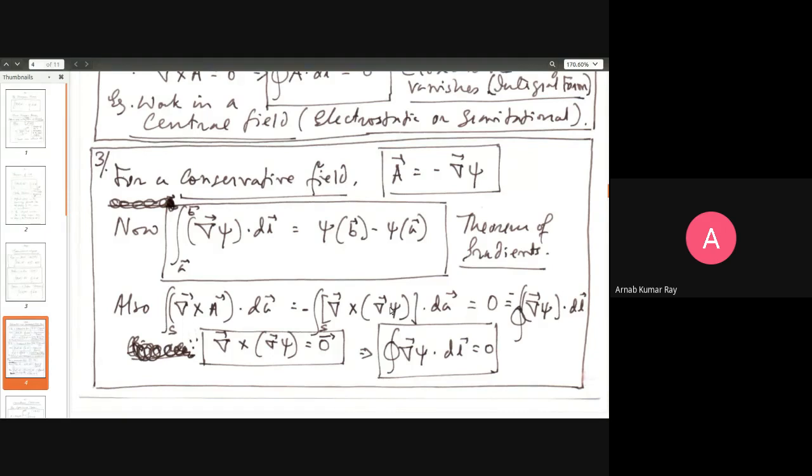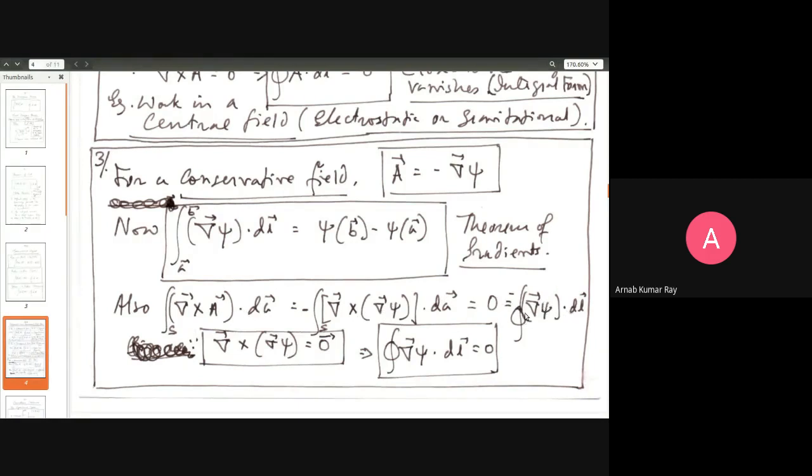The notes have been supplied to you. So if you have a conservative field, you can write A as the negative gradient of psi, but the curl of a gradient is 0.